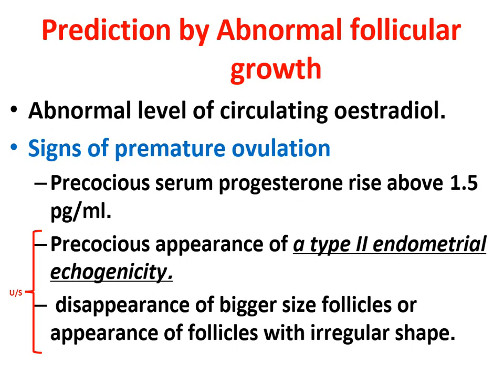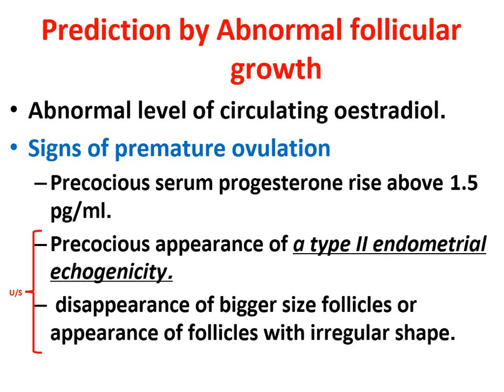Another trial to predict empty follicle syndrome is to look at the endometrium. If the endometrium looks thick, or type 2 endometrial echogenicity in the proliferative phase, this is wrong. In the proliferative phase, endometrium should be hypoechogenic or the trilaminar preovulatory.